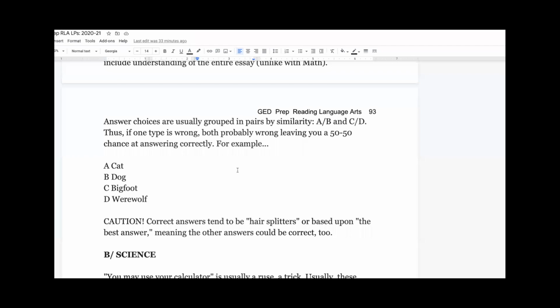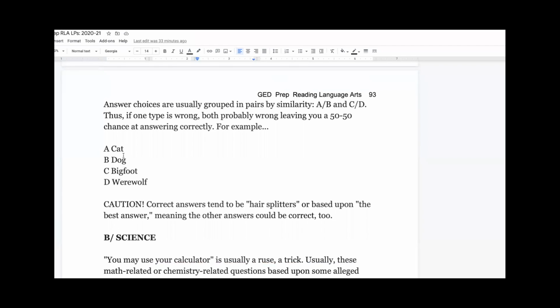And so, like with language arts, and I've had other people who have taken the test tell me this, generally you'll have questions that are grouped similarly. So, a cat and a dog, they're real animals, right? And a Bigfoot and a werewolf are like cryptids, possibly make-believe.